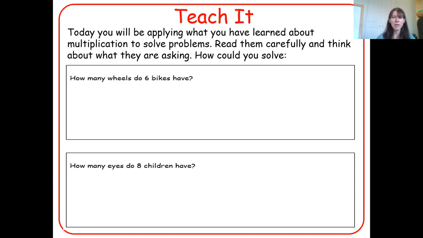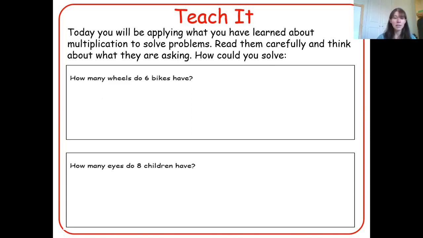So how many wheels does a bike have? Yes, you're right, it's 2, isn't it? Unless it's a bit of a different bike, but generally we've got 2 wheels. So we need to know how many wheels there are on 6 bikes. So for that one, we've got to do 6 lots of 2. Or 2 lots of 6, because remember, we can switch it around. All right, so that's the first one.